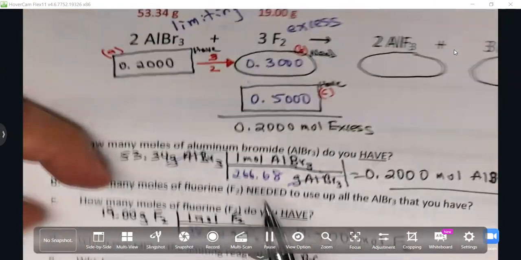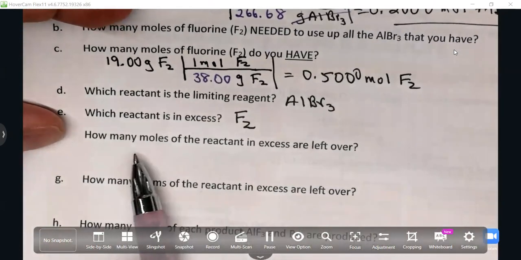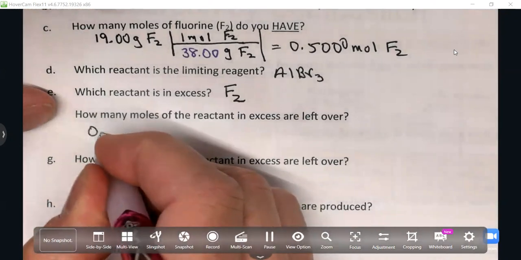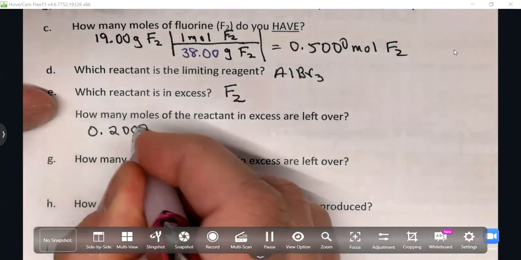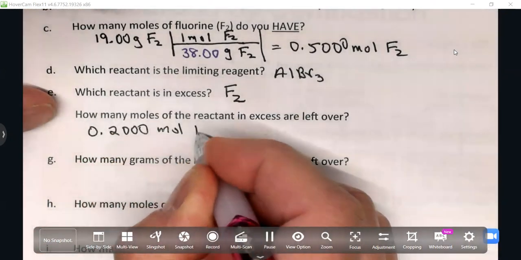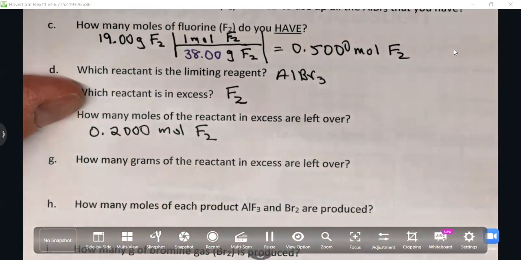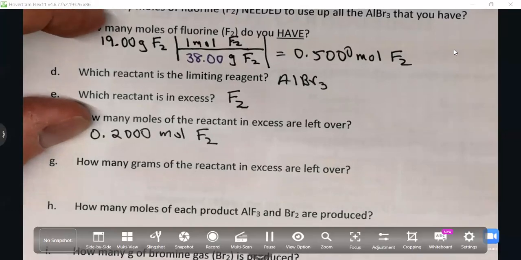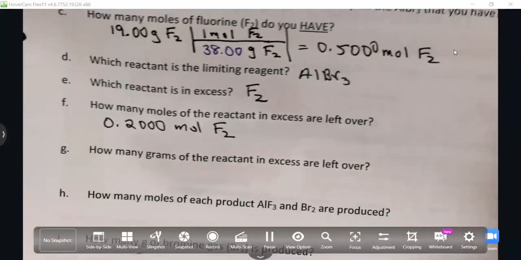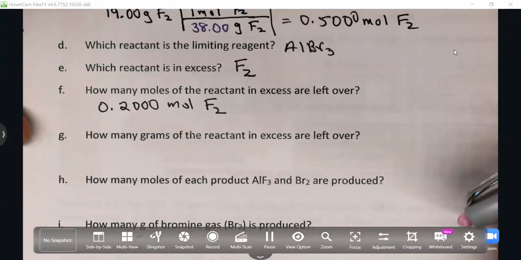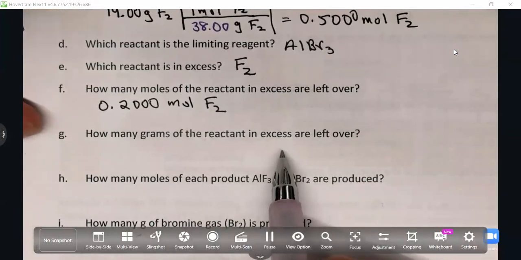So we'll go down here, we have 0.2000 mole of fluorine in excess. Now, how many grams of the reactant excess are left over?